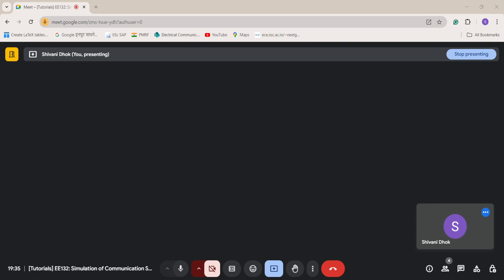Now once I have this probability of error, next we'll plot it. So that is plot E average comma PE, or let's not do this, we'll do semi-log y.